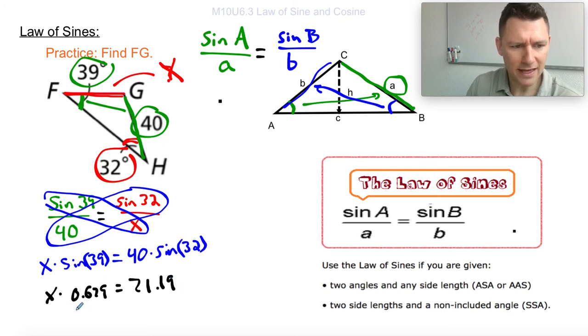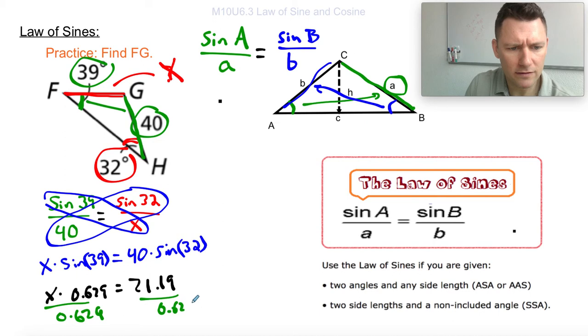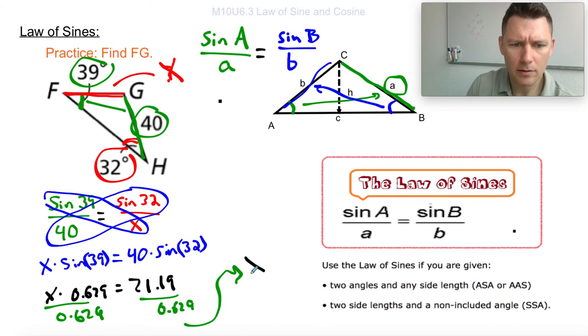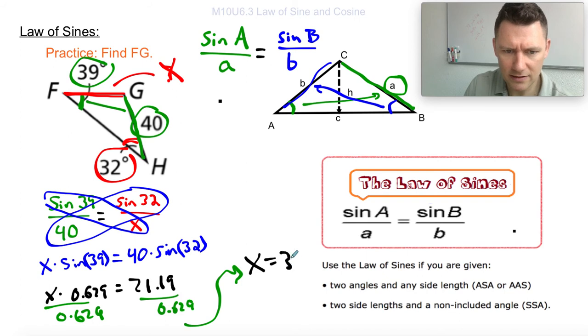Then to get x by itself, we have to divide both sides by 0.629. Sorry, this is getting lengthy, but x ends up as 33.69. Let's call it 33.7.